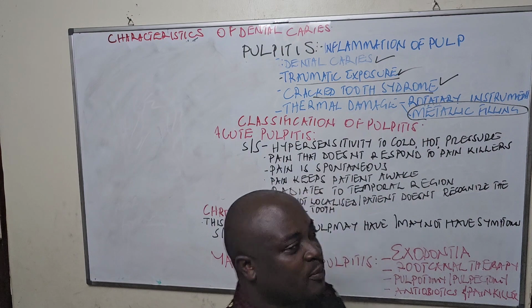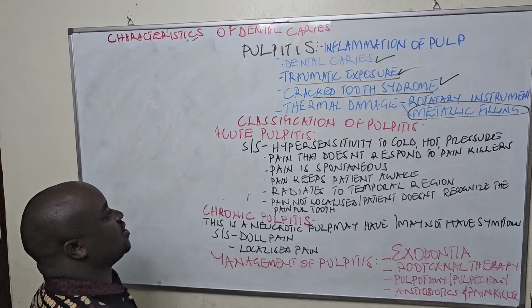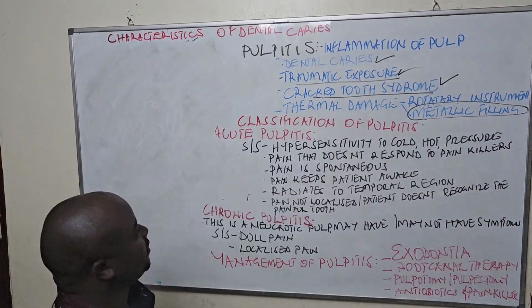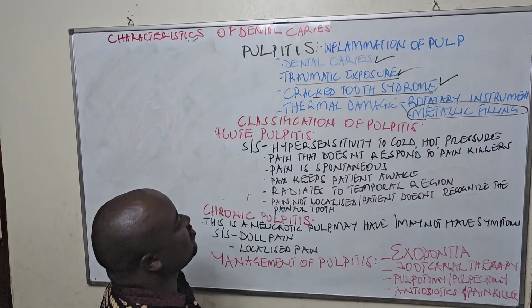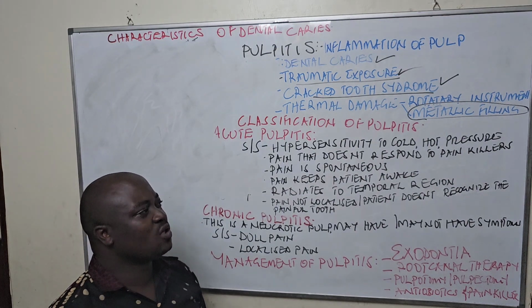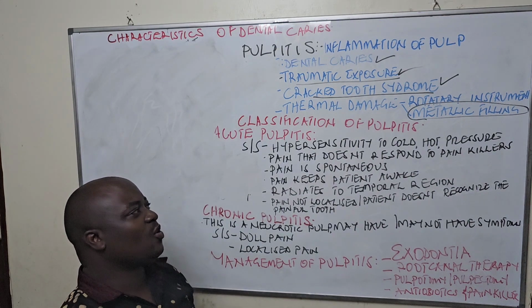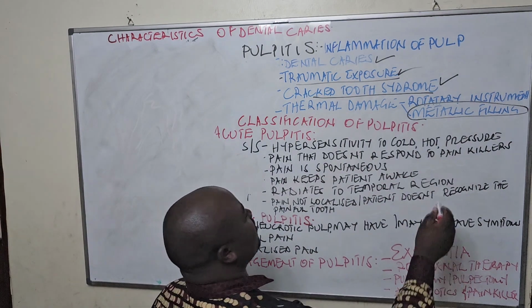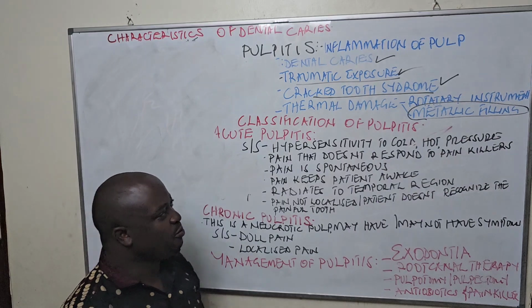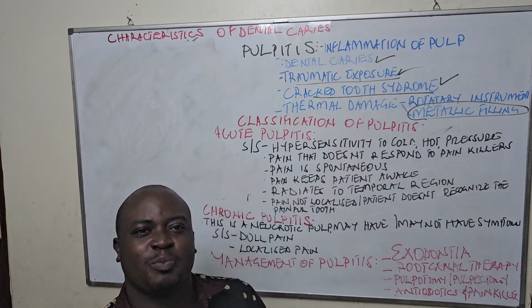And acute pulpitis is in terms of the following characteristics. What is acute pulpitis? In acute pulpitis, we have hypersensitivity. When you take something hot or cold, or you apply a lot of pressure, you shall feel a lot of what? A lot of pain. This pain does not respond to painkillers.